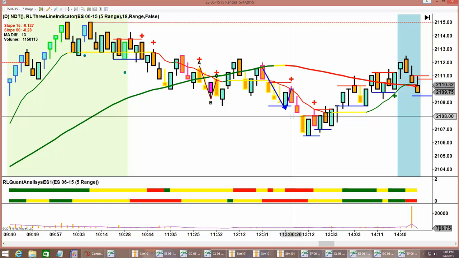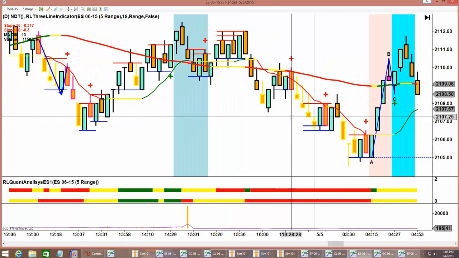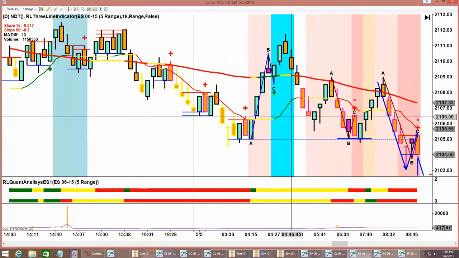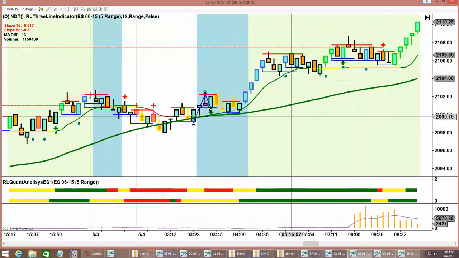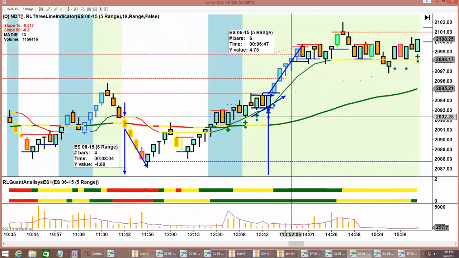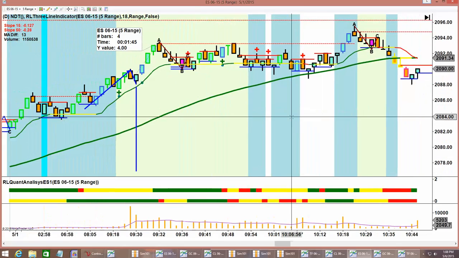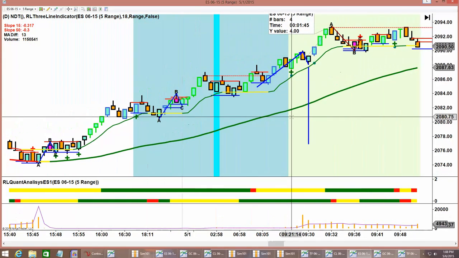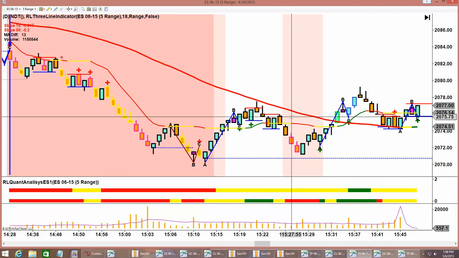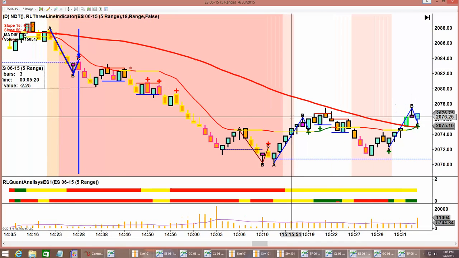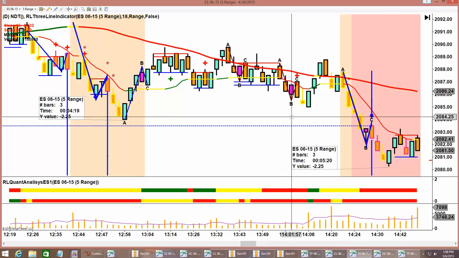What it does is it decreases significantly the risk of taking this trade without background bias. If you only want to trade with background bias, which is going to give you the most conservative entries possible, and only trade with dual quant analysis, that's totally up to you. Everybody develops their own style.